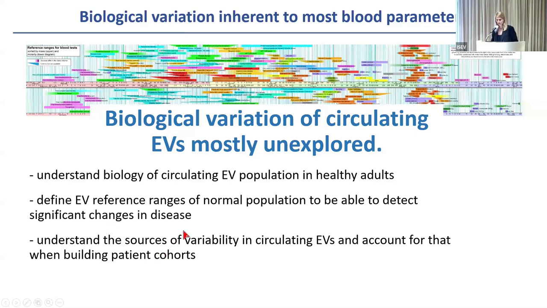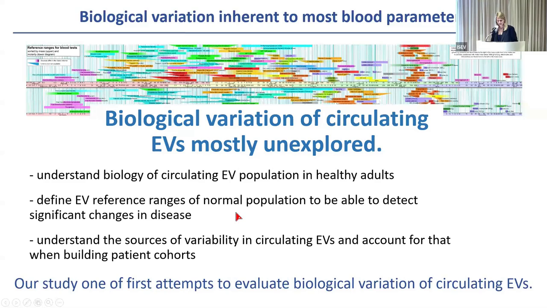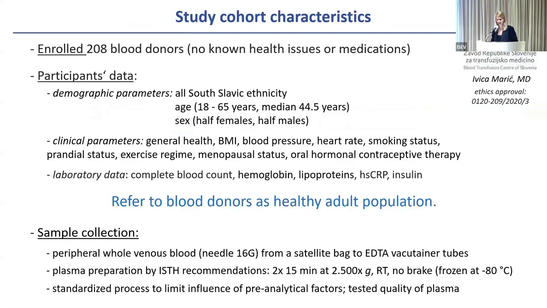And it's important to understand the sources of this variability so that we can account for it when building patient cohorts and in EV reference ranges. So our study will try to be the first attempt to evaluate biological variation in circulating EVs.